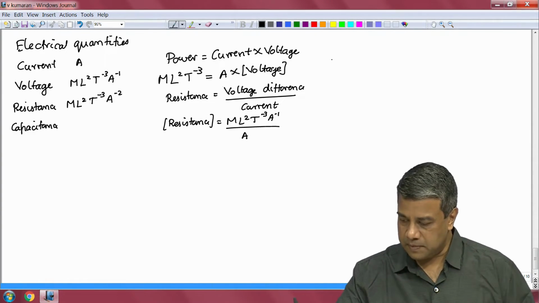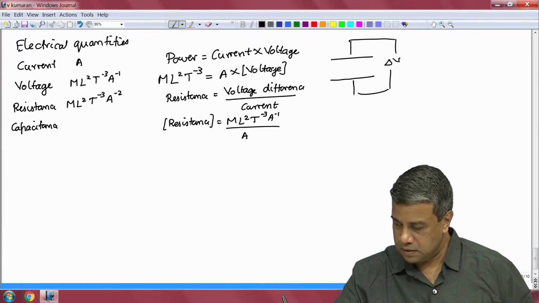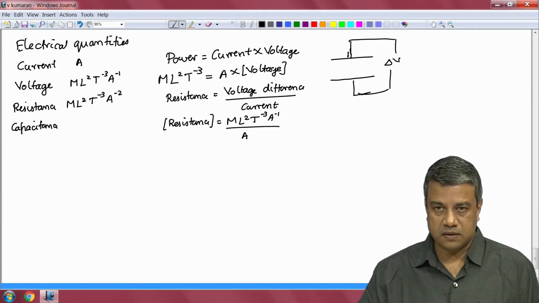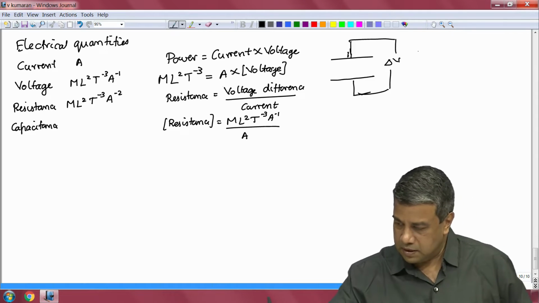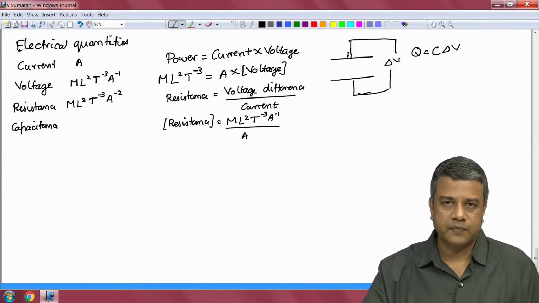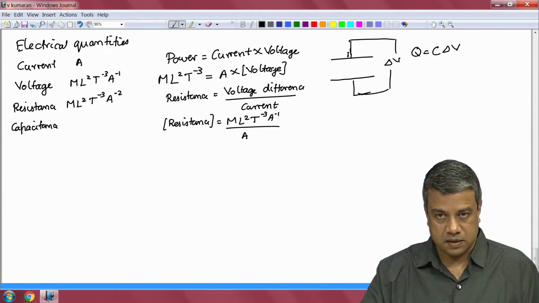If I had a capacitor across which I put a voltage difference, then that voltage difference is related to the charge that is stored in that capacitor by the relationship: the charge is equal to capacitance times delta V. The charge stored in a capacitor is equal to the capacitance times the difference in voltage that is applied across the capacitor. What is charge?